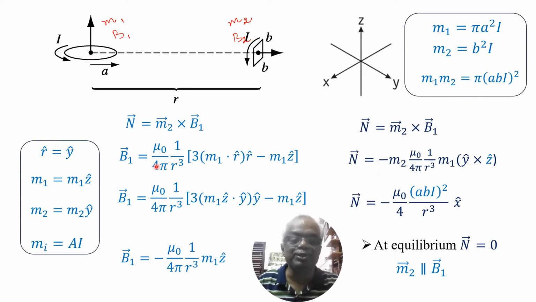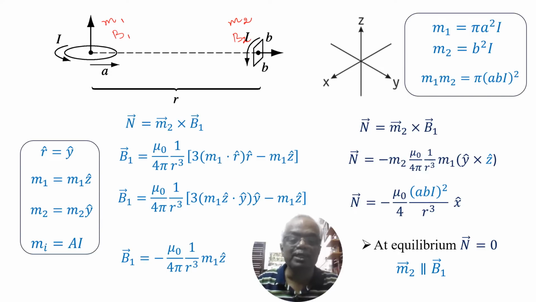Which is equal to mu naught over 4 pi, 1 over r cubed, times 3 times m1 dot r hat multiplied by r hat, minus m1, which is along the z direction, so m1 z. So m1 is equal to m1 z hat, and here r hat is along the y direction.